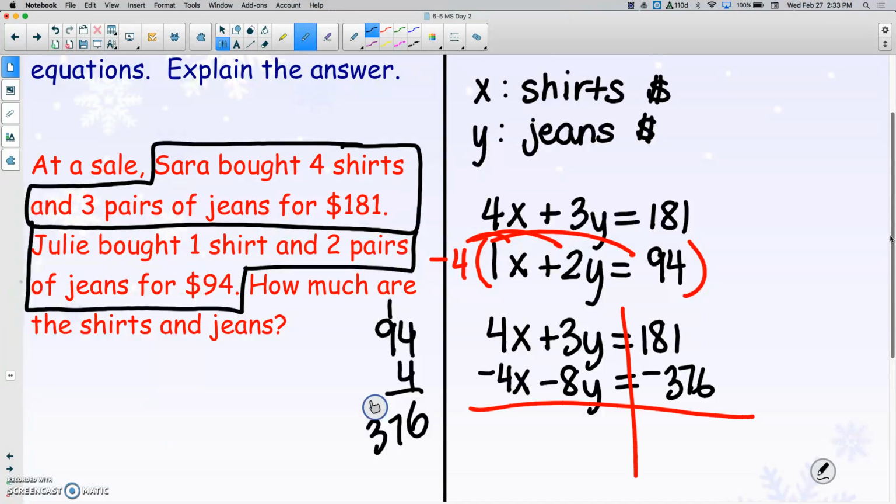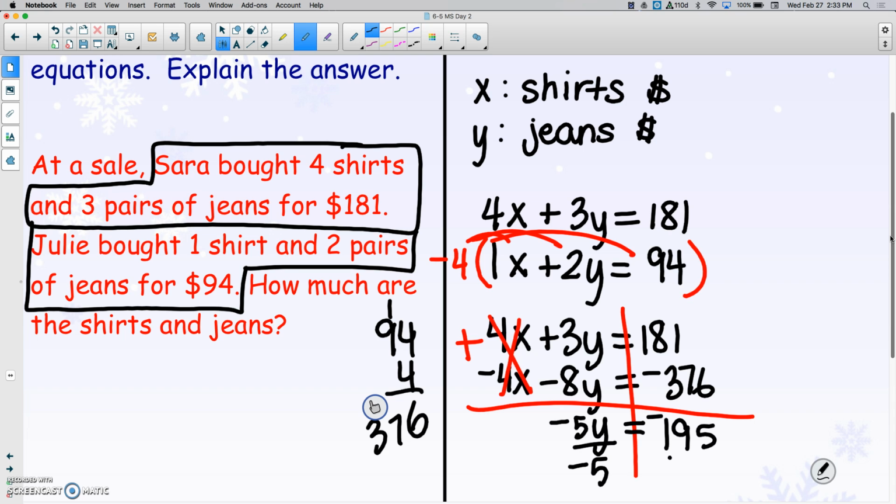Now I can add my system together and cancel out the x's. So 3 plus -8 is -5, and then I need to do 181 plus -376. So that would give me -195.